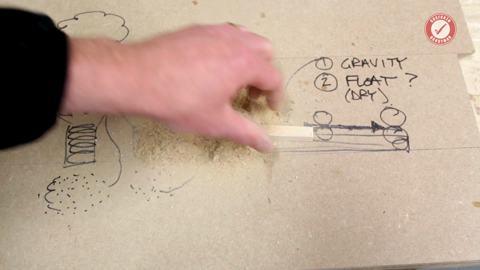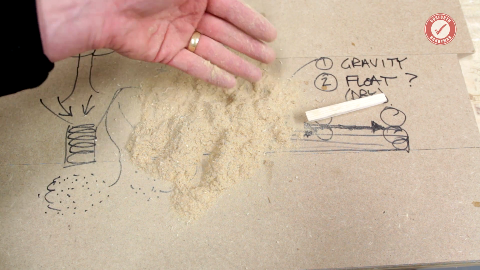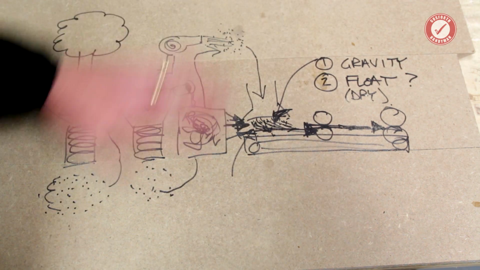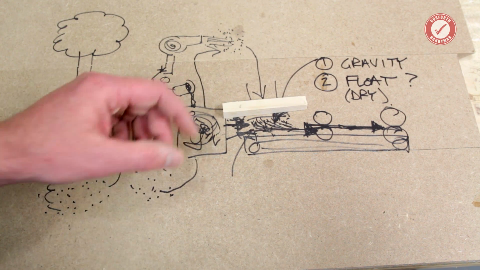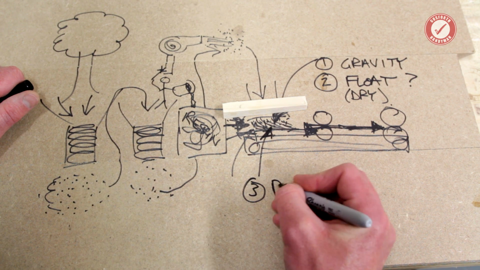It's just a dusty mix of the fibres, and so maybe the grain is because it's blown dry.